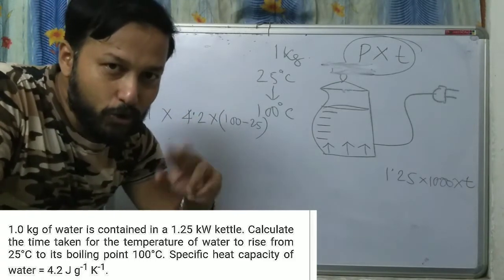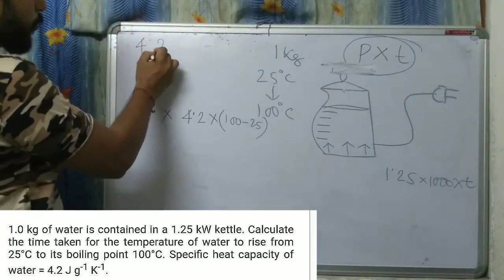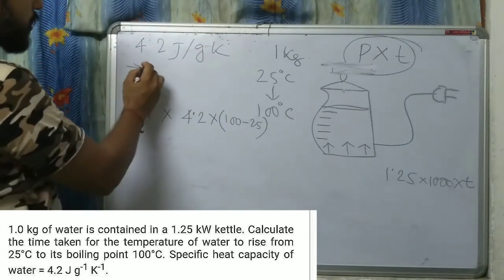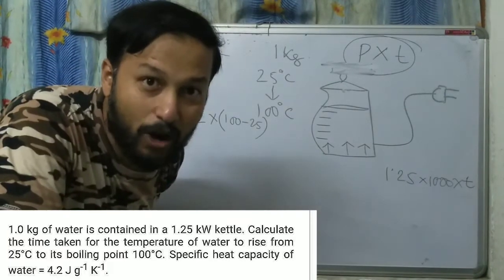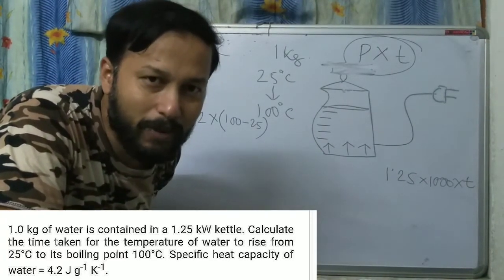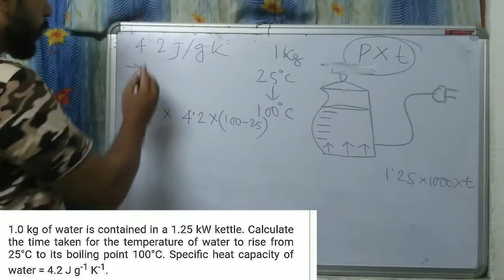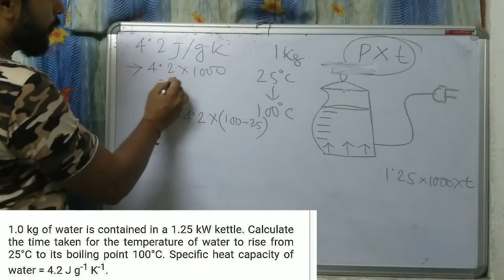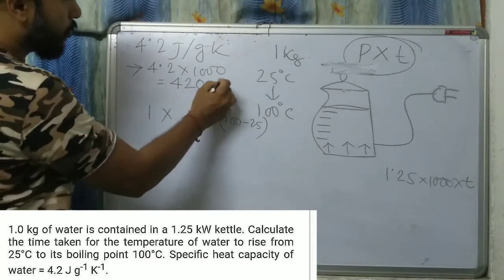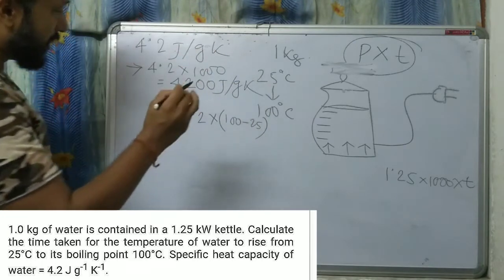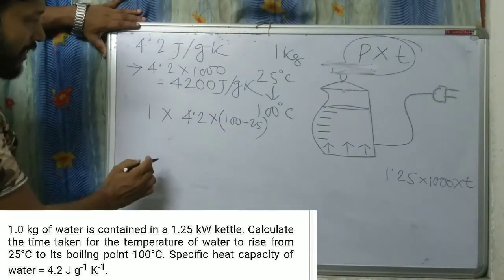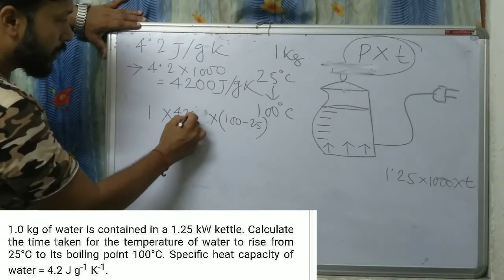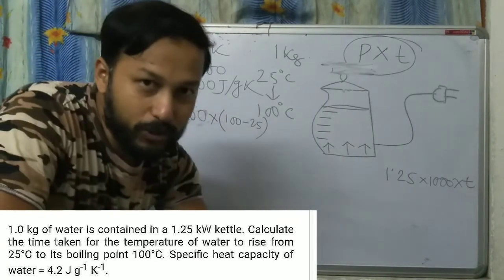4.2 joule per gram Kelvin means we have to multiply this by 1000. So 4.2 into 1000, we are getting 4200 joule per kg Kelvin. So we'll write here 4200.